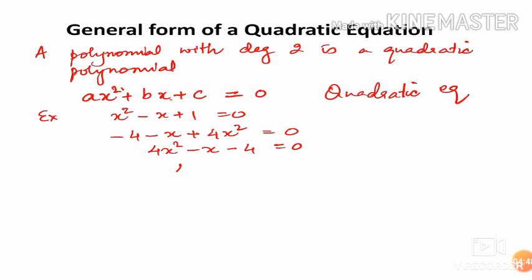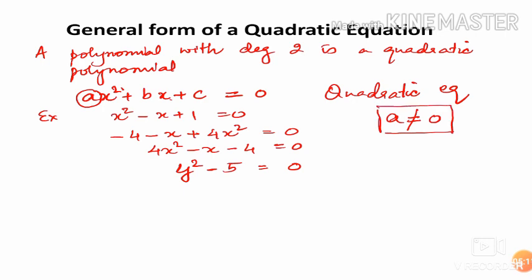What about y square minus 5? Is this a quadratic equation? y square minus 5 equal to 0? Yes, as long as the coefficient of x square is not 0, it is a quadratic equation. So this condition is a must.